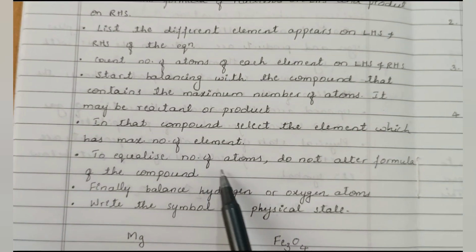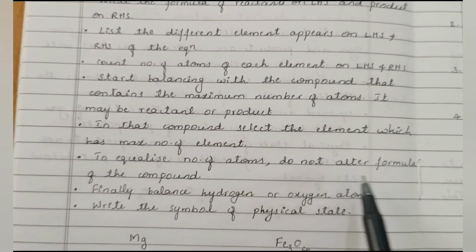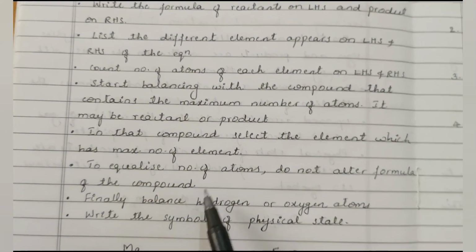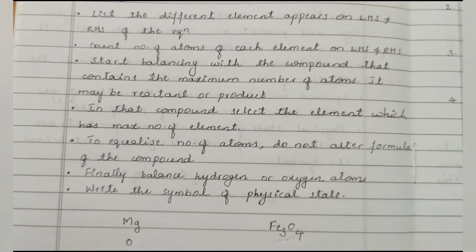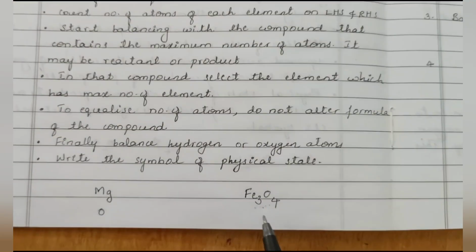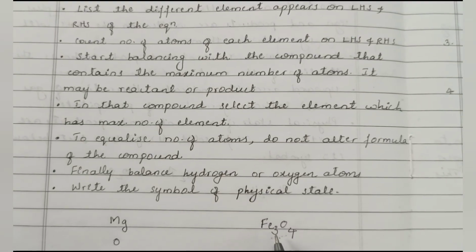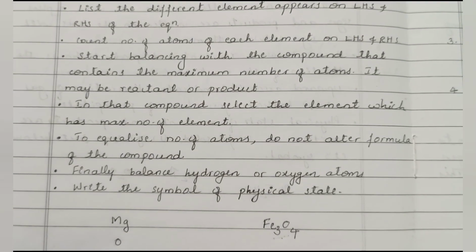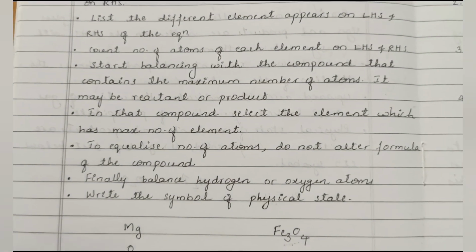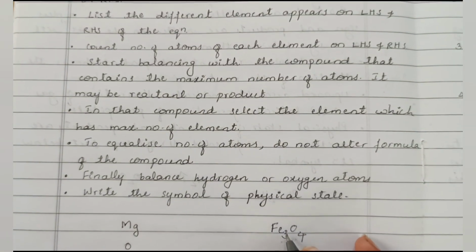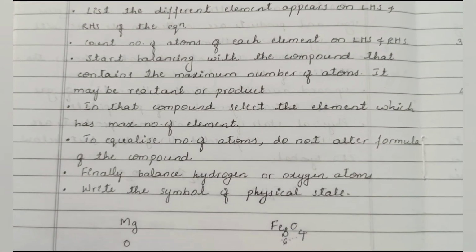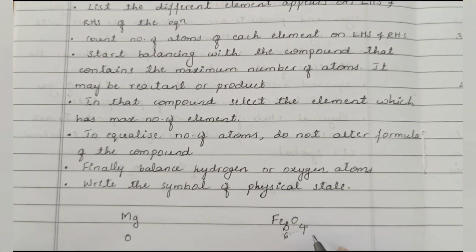Next, to equalize the number of atoms, do not alter the formula of the compound. This is very important. Consider the same example here, Fe3O4. Here 3 iron atoms are present, right? You have to make it 6. While balancing, you have to make it 6, which means don't strike off this 3 and write 6. This is not the correct way.